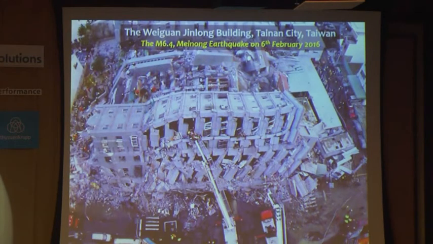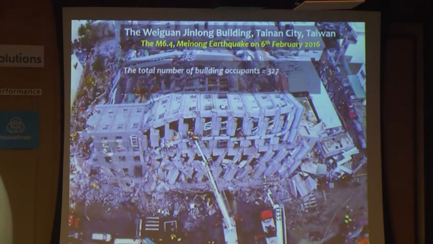I will give you another picture. This is the case of Thailand. This is a tall building collapsed by one earthquake. It's a moderate earthquake located 50 kilometers from the city. In this building, during the earthquake, there were about 327 people.